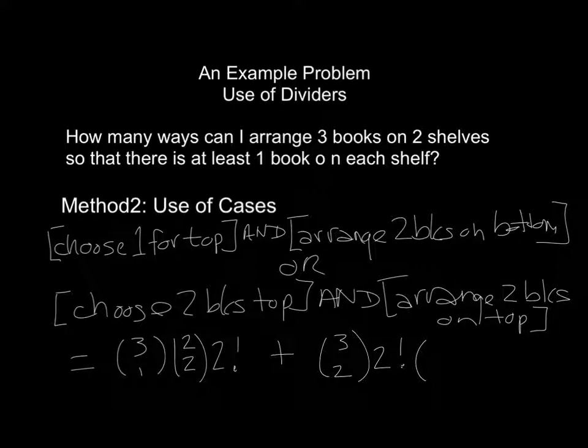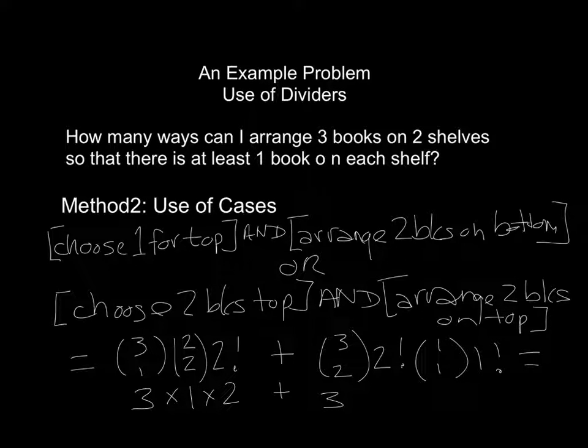And then from the leftover 1 book, we'll choose 1 to put on the bottom, and we'll arrange those as well. So you can see our solution is going to be 3 choose 1, there's only one way to do this, plus 3 times 2 times 1 times 1. So again, we have 12 arrangements.